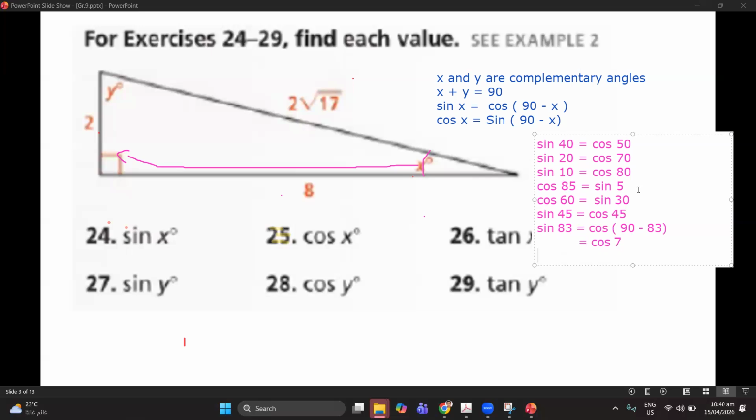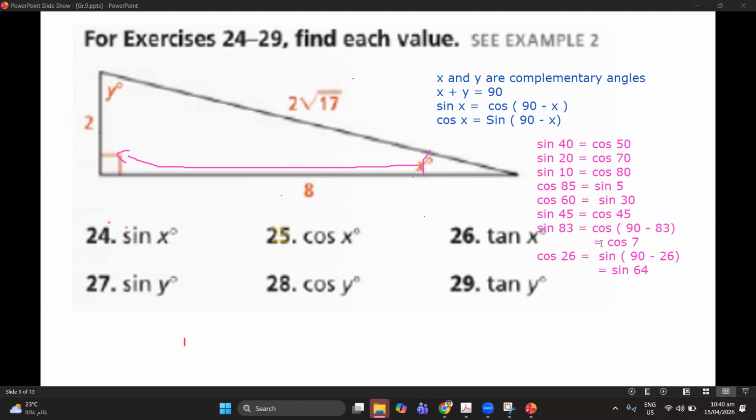Okay, so Arish, if I ask you now to find cosine of 26, it's equal to what? You switch cosine with sine, and 90 minus 26, excellent, which is 64. Which is equal to sine of 64. Is it clear? Okay. Next one.